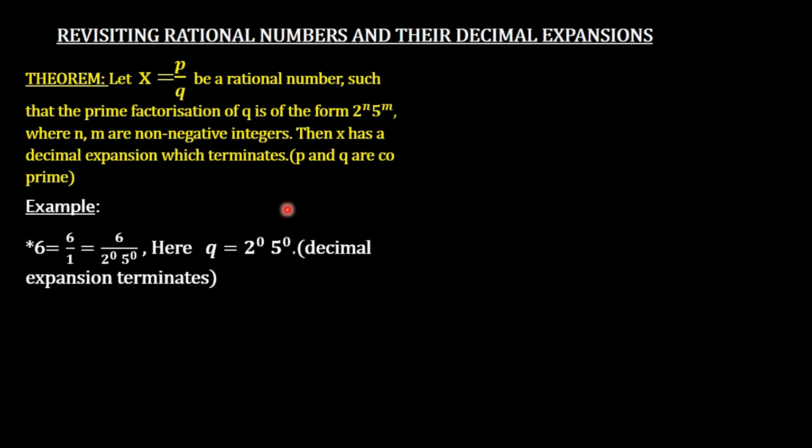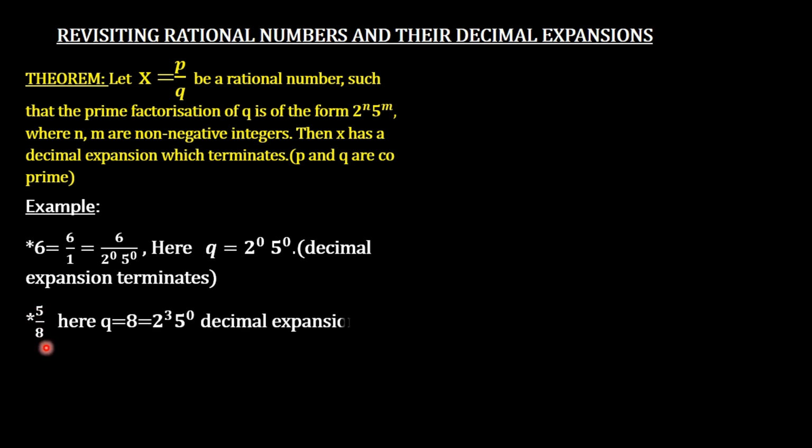So here q has prime factors 2 and 5 only, 2 raised to 0 and 5 raised to 0, and it is of the form p by q where p and q are co-primes. So automatically the decimal expansion will terminate, because 6 by 1 is 6. The decimal expansion of the given number is 6 itself. Then about the next question, 5 by 8.